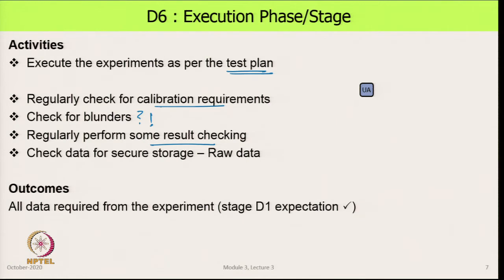Now, what will happen in all these cases is the issue of data management. A couple of decades back, or maybe a little more, all the data was written in lab record books.